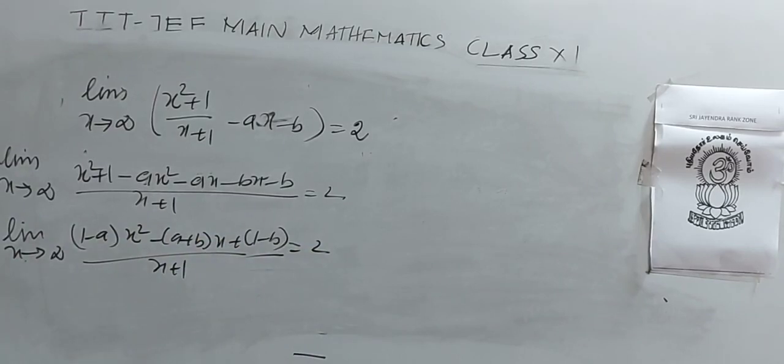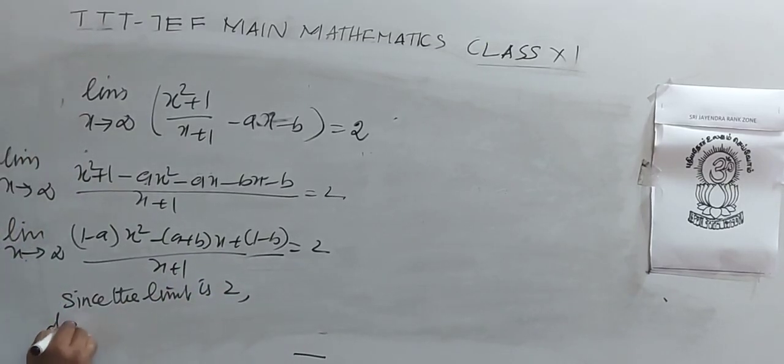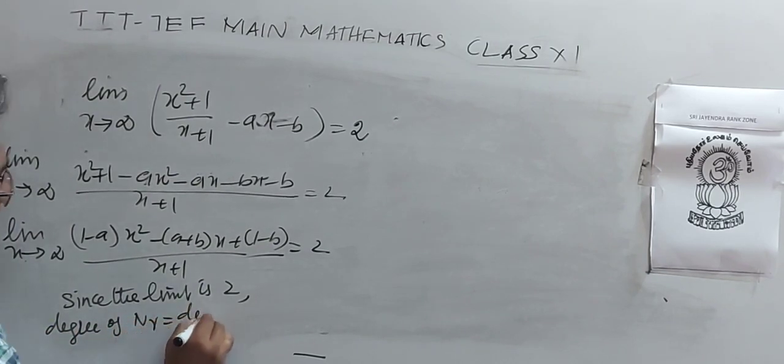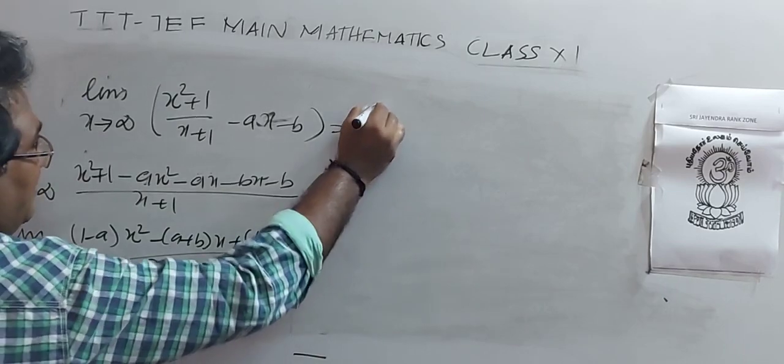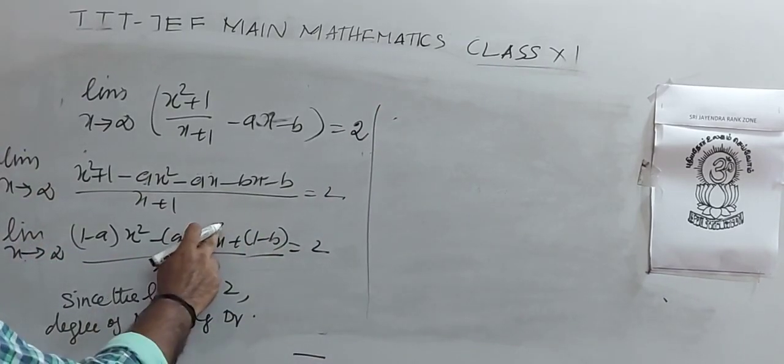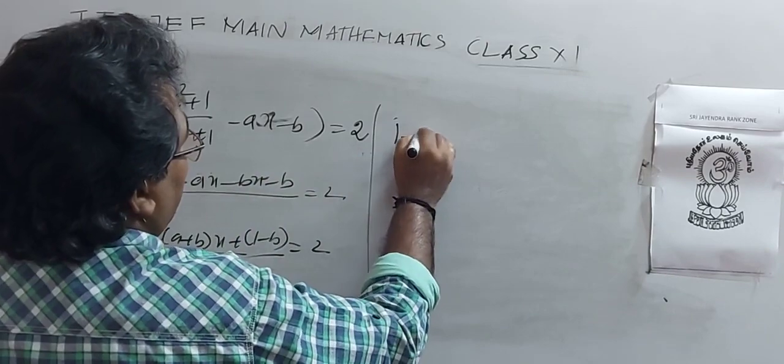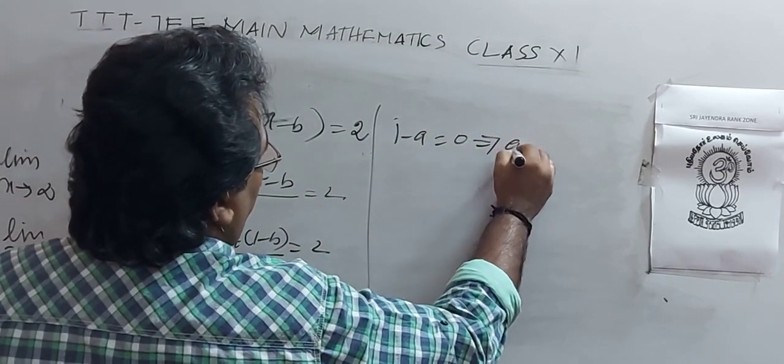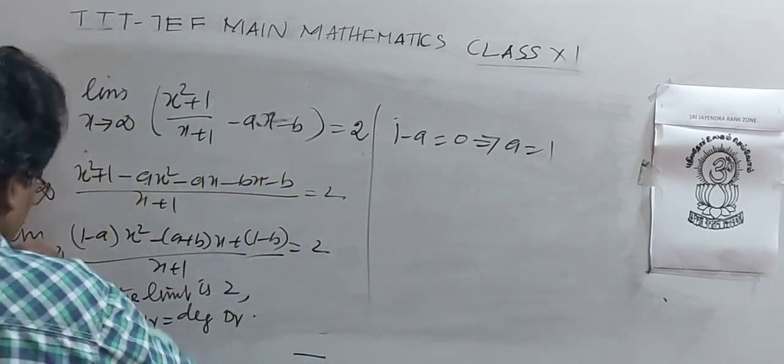The only possibility is that since the limit is 2, the degree of the numerator equals the degree of the denominator. Here it is 1, therefore it should be 1. Therefore 1 − a equals 0, which implies a equals 1.